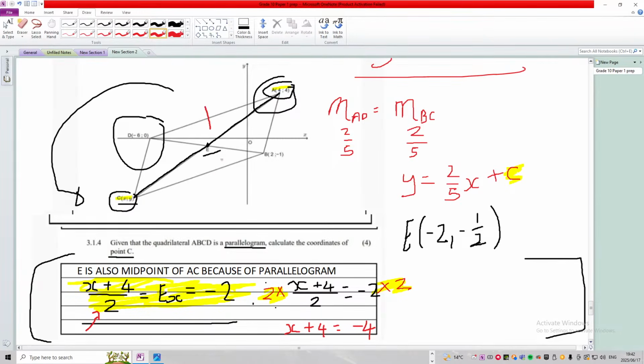Based on the fact that AD is equal to BC. Since it's a parallelogram, you should really mention that you're doing that because AD is equal to BC, that this difference will be equal to that difference right there.